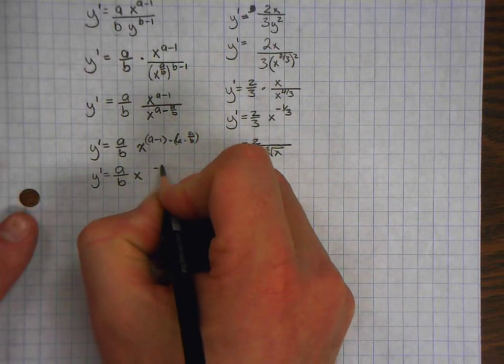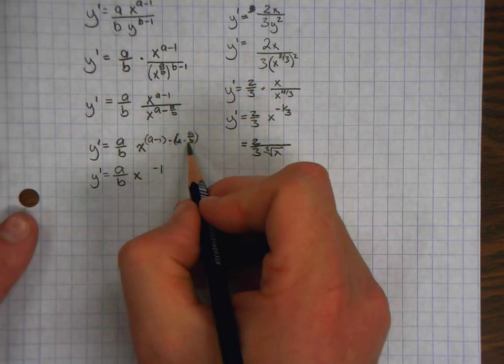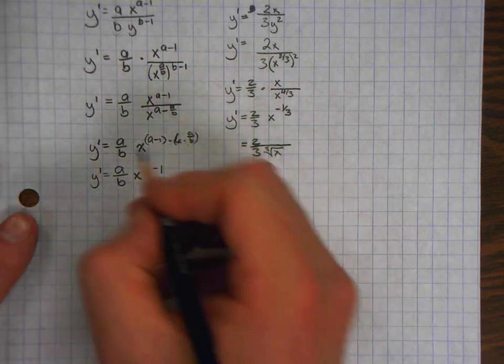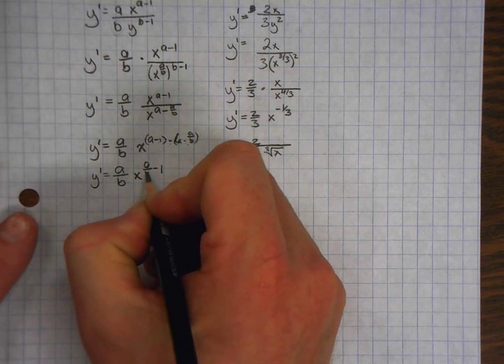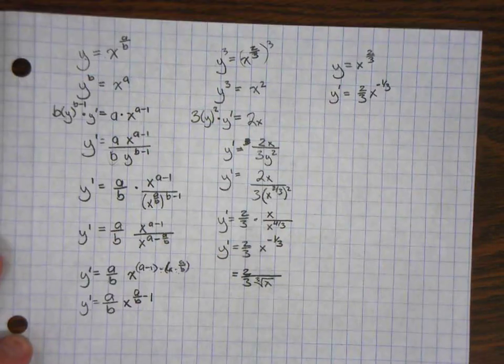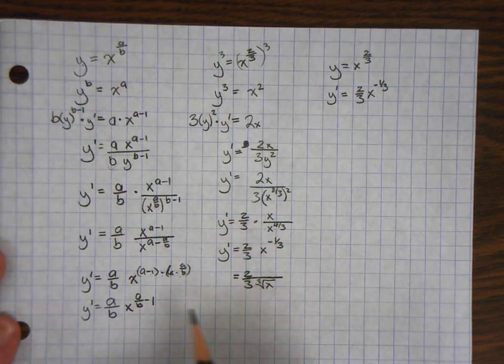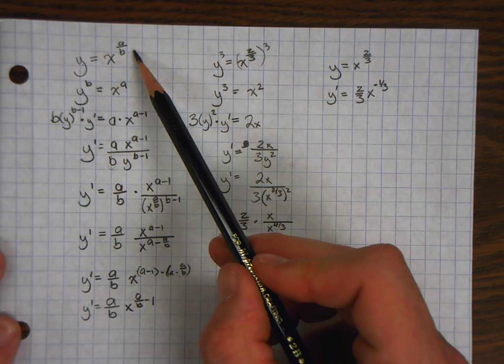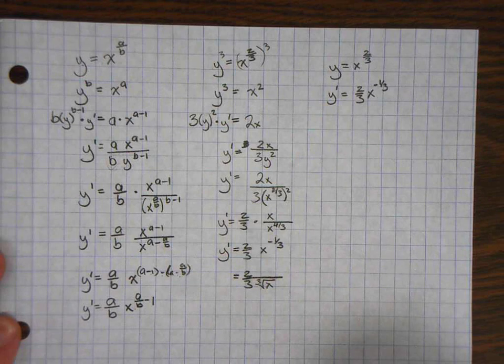Negative 1, I'll just write minus 1 here. And I have minus a negative a over b, or minus a minus a over b is a over b. So that is how you show that the power rule works for rational exponents. Good luck with your explanation.